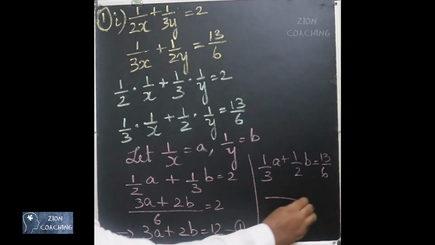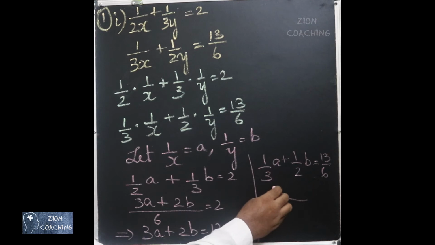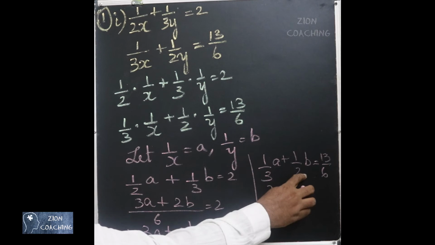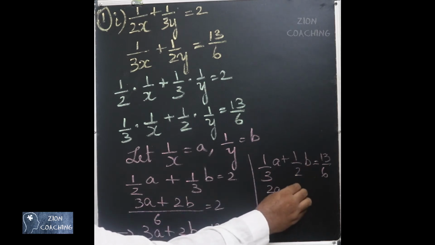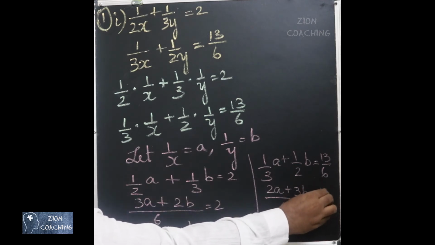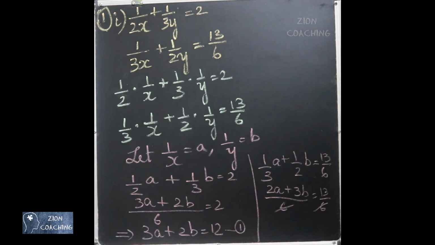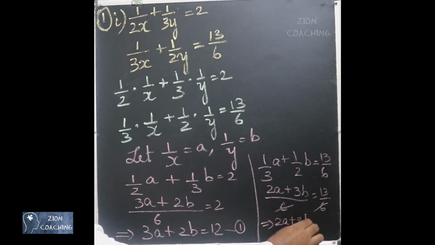When you take LCM, LCM is 6, 3 into 2 is 6, multiply the numerator also by 2, you will have 2a plus 2 into 3 is 6, multiply the numerator also by 3, you will have 3b equal to 13 by 6. Denominators are same, they can be cancelled on both sides. So finally you will have 2a plus 3b equal to 13. This is your second equation.